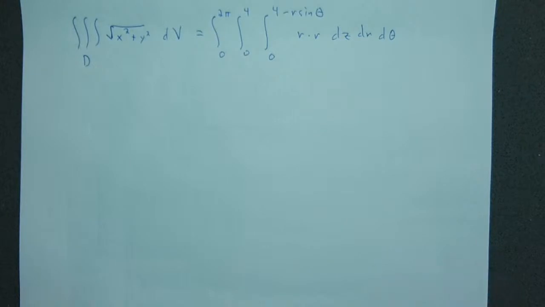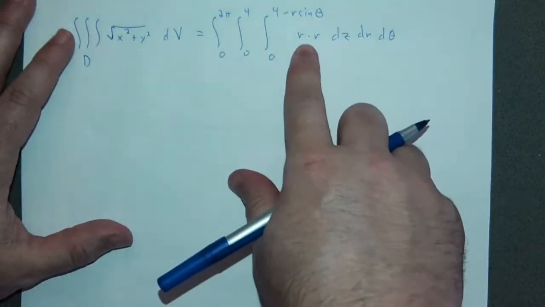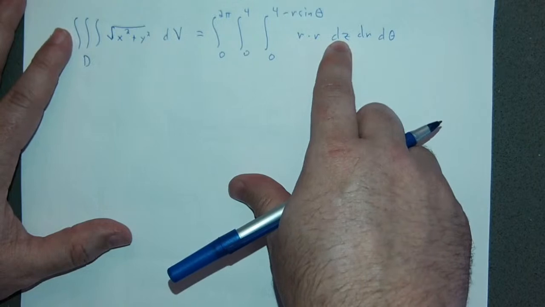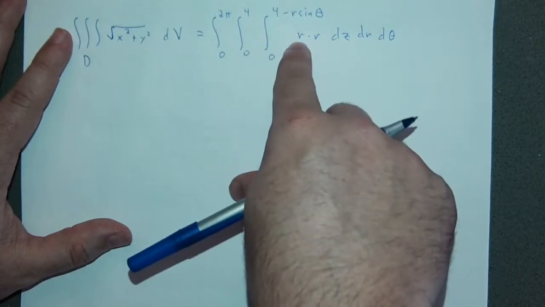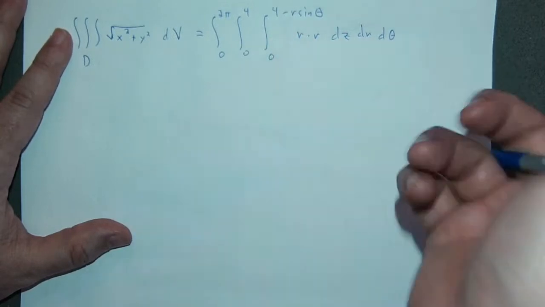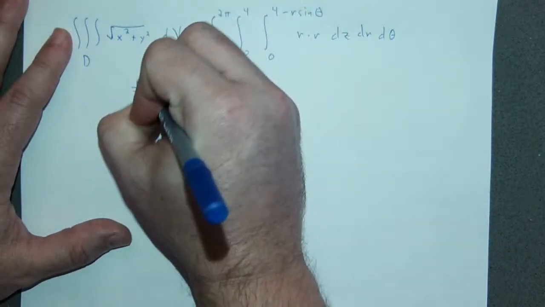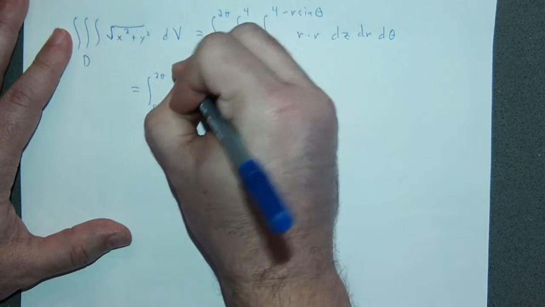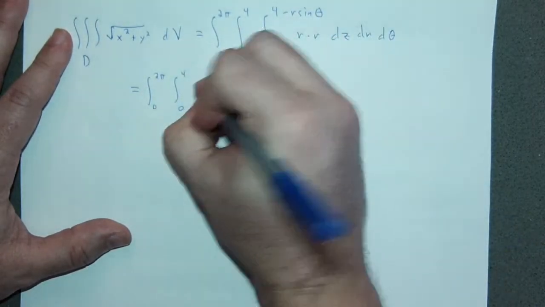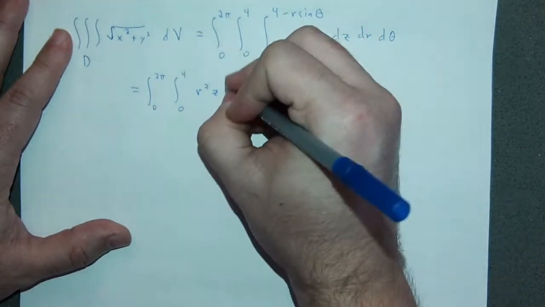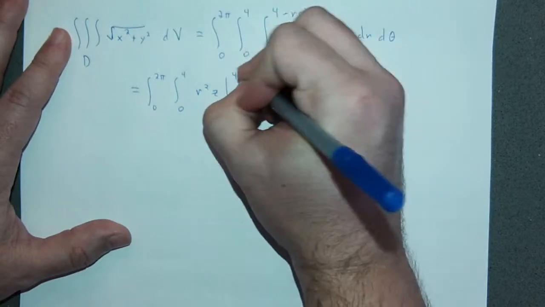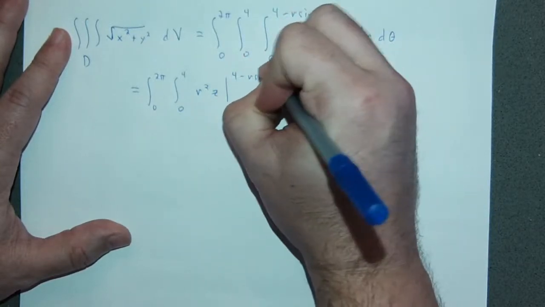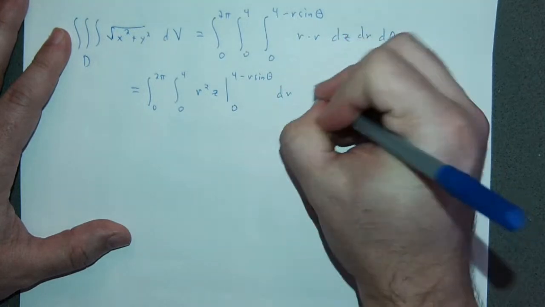Okay, so now I can actually compute this thing. First of all, I have an r squared here that doesn't depend on z. So the integral of r squared dz is just r squared z. So this is the integral from 0 to 2 pi, the integral from 0 to 4 of r squared z evaluated from 0 to 4 minus r sine theta dr d theta.